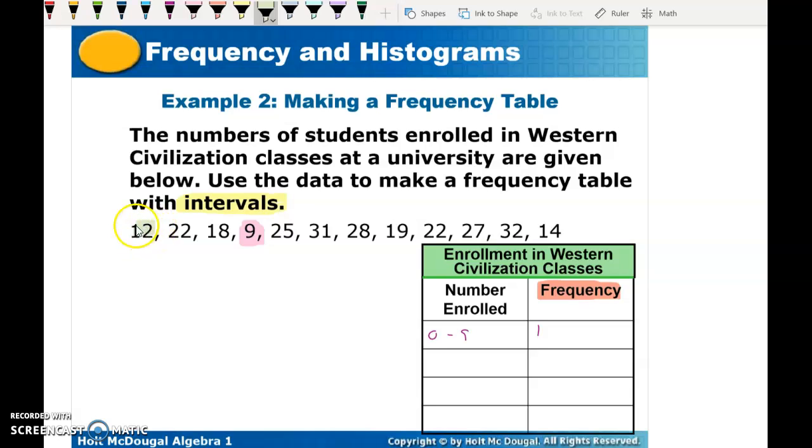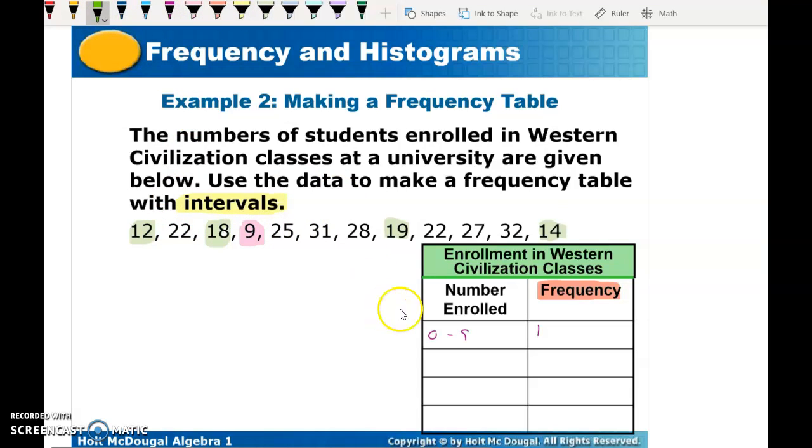For instance, 12 and 18 and 19 and 14. So let's see, make sure I got them all. These are all the numbers between 10 and 20.